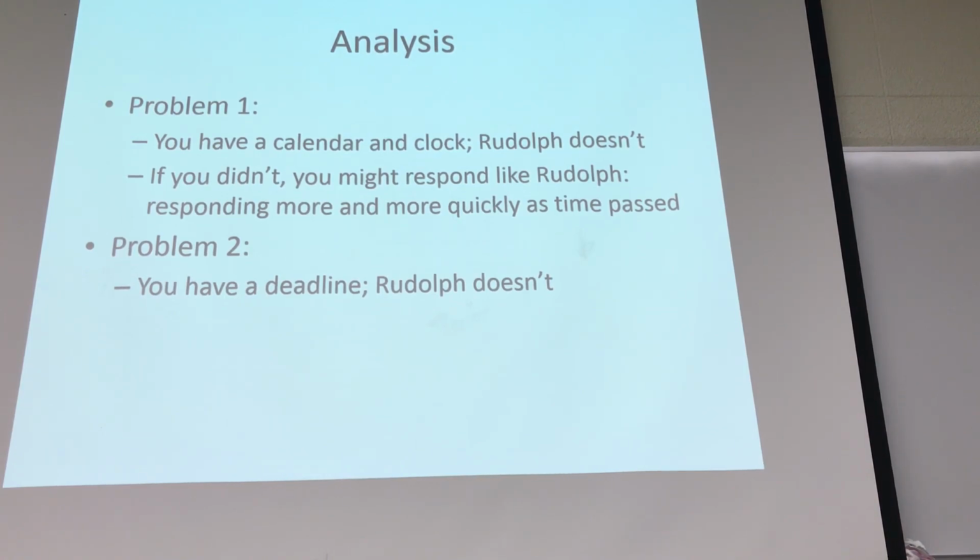On a true FI schedule, there is no marker. There is no timing device signaling the organism when to respond. Okay? There is no deadline. In other words, get it done by this time or you lose the opportunity for the reinforcer. There is no deadline.